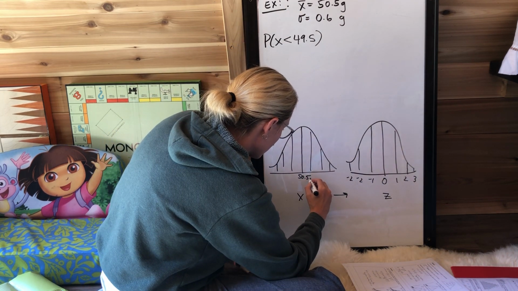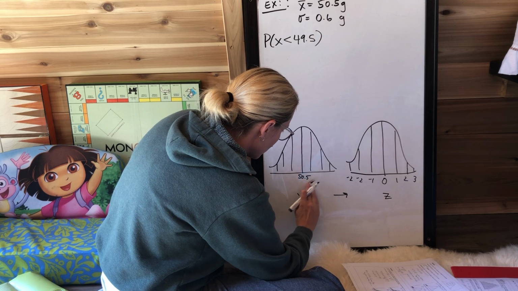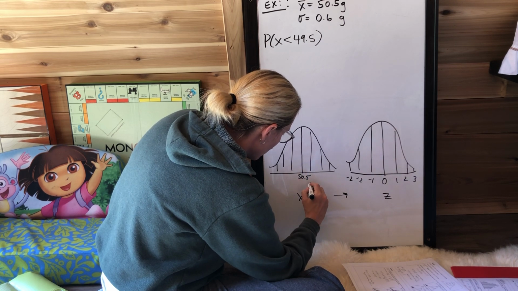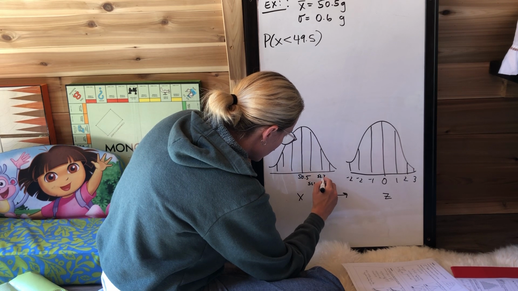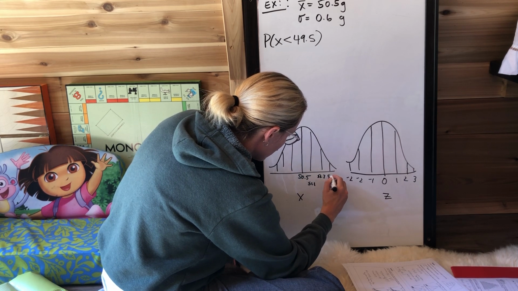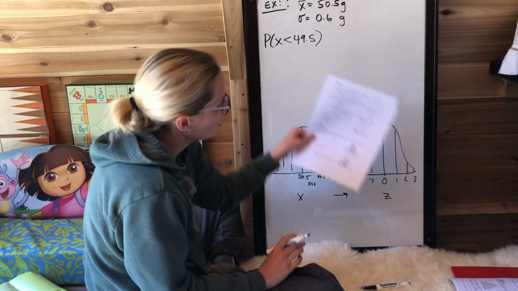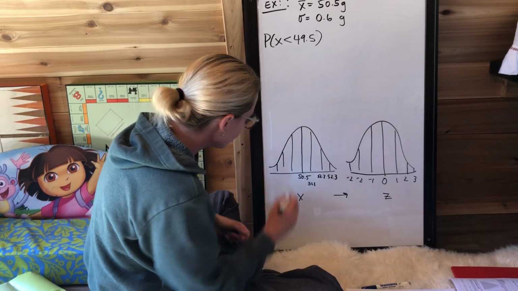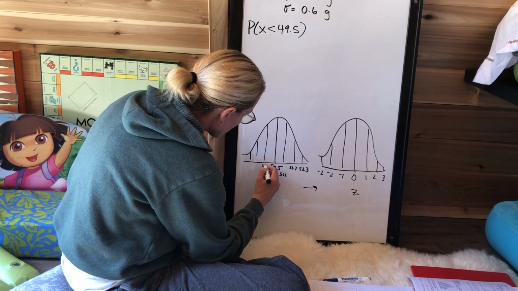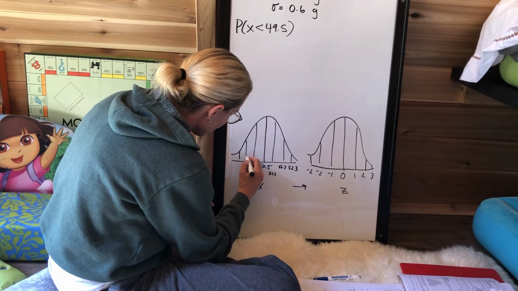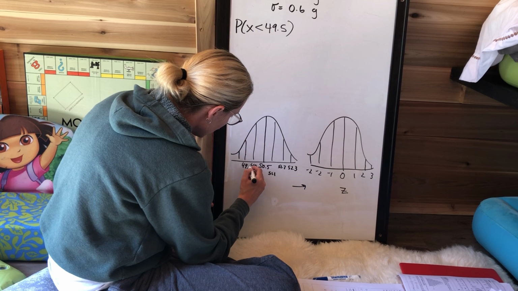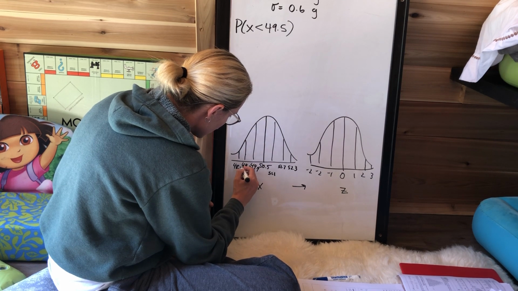So I get 51.1, 51.7, 52.3. Okay, this is all written on your notes, you should have printed this note like this. It looks very similar. Go the other way and subtract 0.6: 49.9, 49.3, 48.7.